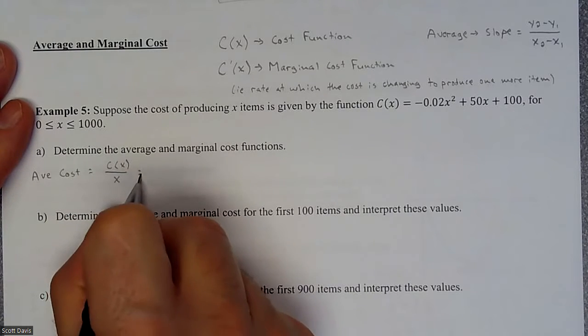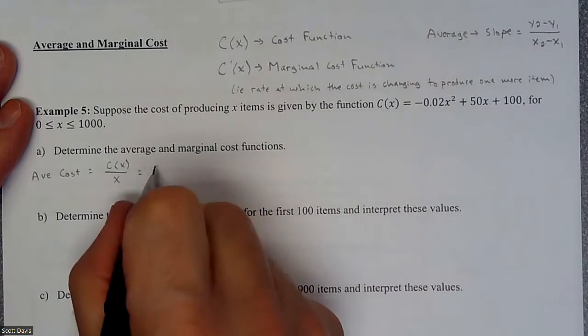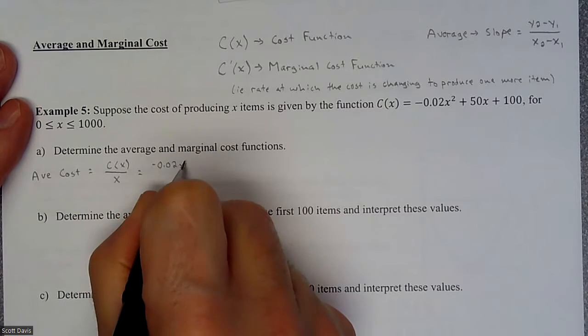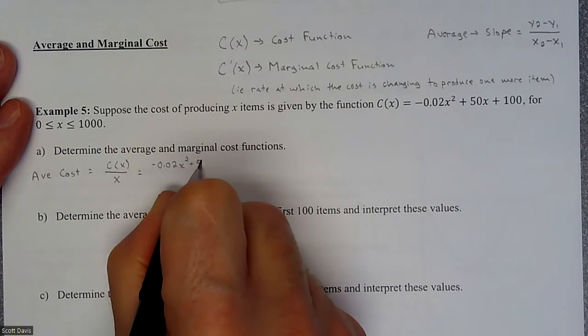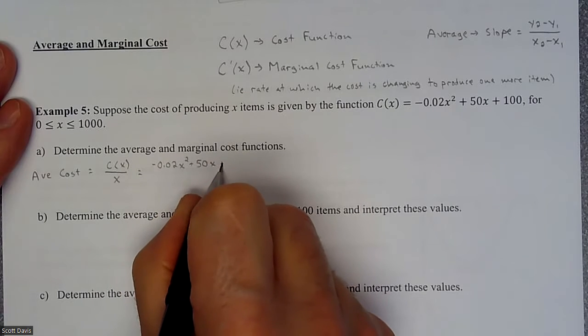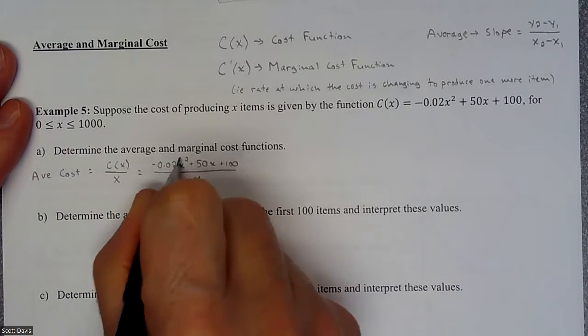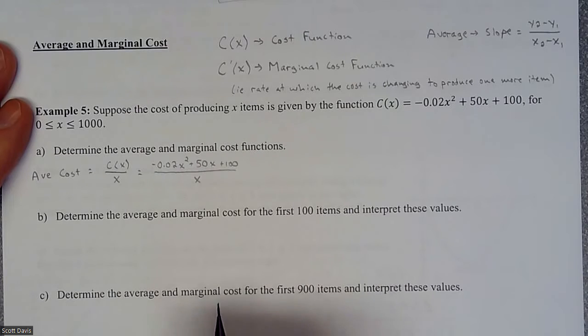Okay, so our cost function is negative 0.02x squared plus 50x plus 100. And we're going to be dividing it by x. This is like a sum divided by the number.